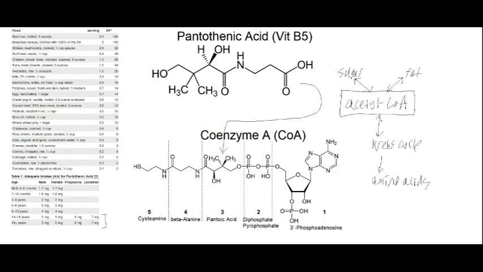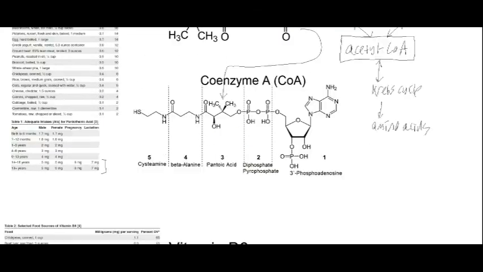Interestingly enough, a lot of fattier foods are where you get this water soluble vitamin, but these things would also contain water as well. And yeah, so that is vitamin B5.